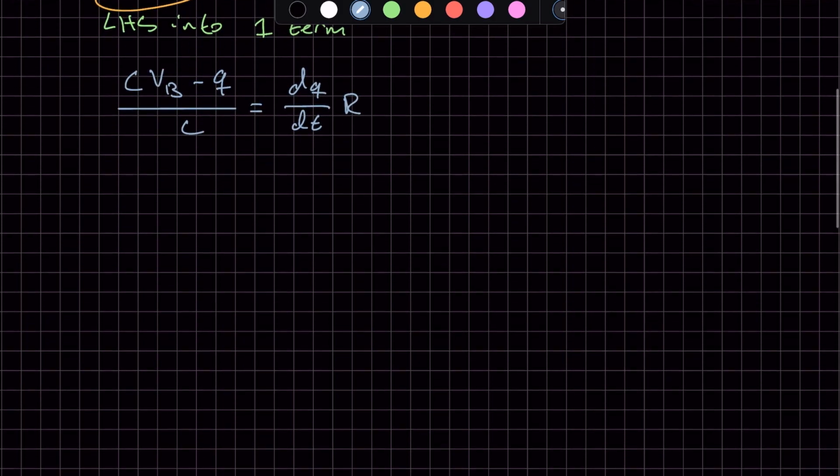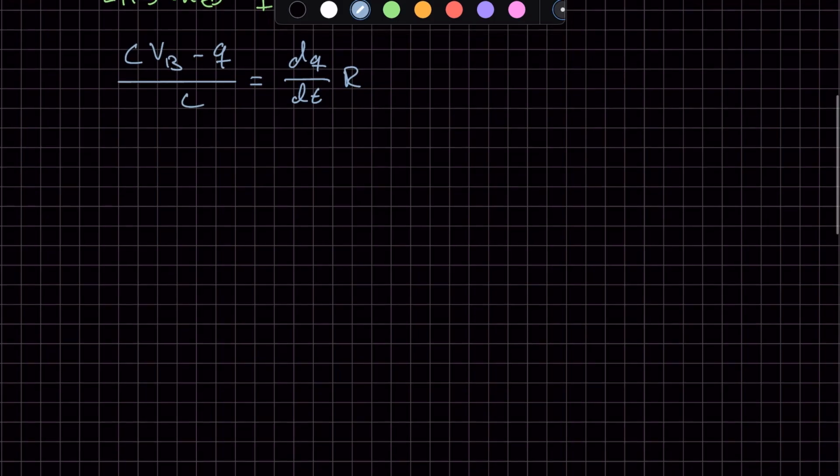And the next thing we're going to do is try and get the Q terms on the side with dQ. How we can do that is we can divide C V_B minus Q over to the other side. At the same time, I'm just going to make a two-step algebra move and move R over to the other side by dividing by it.